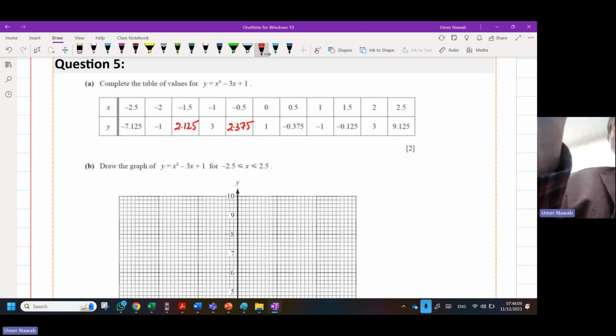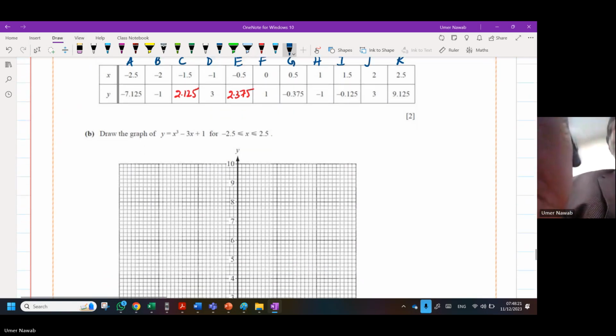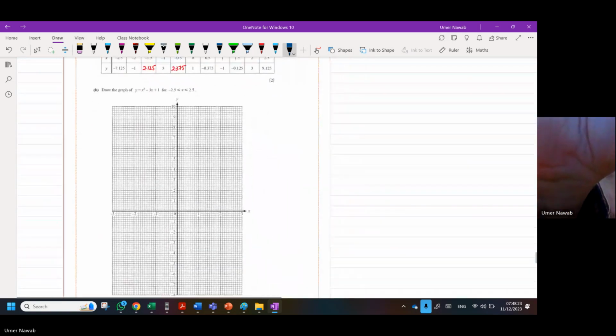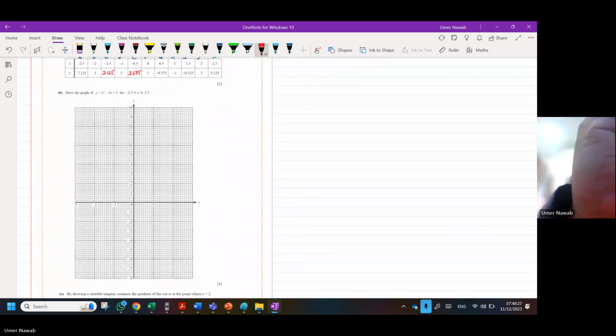We are ready to plot these points. How many are they? A, B, C, D, E, F, G, H, I, J, K. Minus 2.5, minus 7.125, somewhere here.